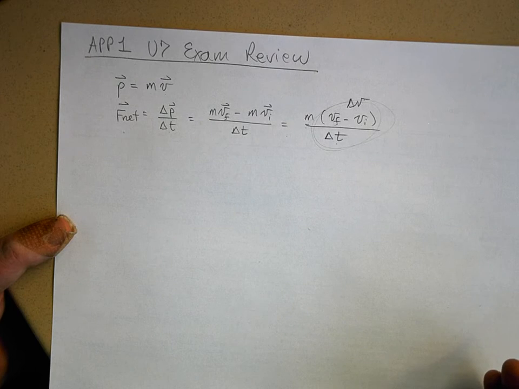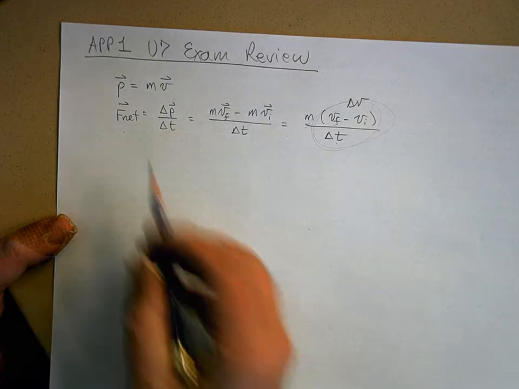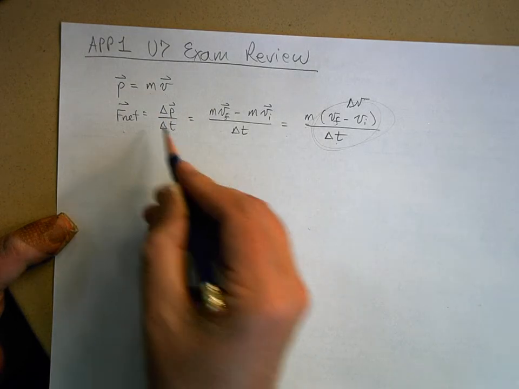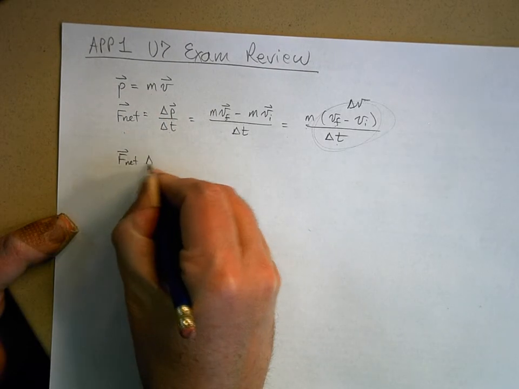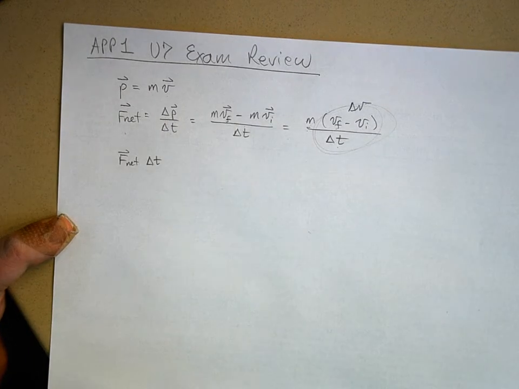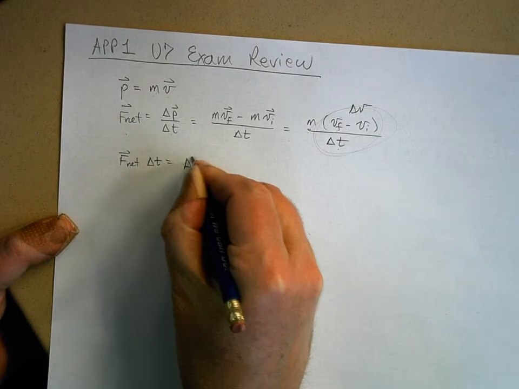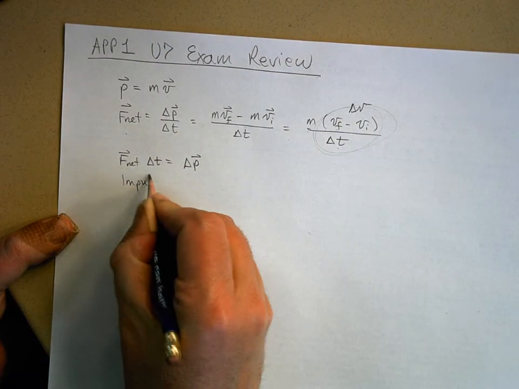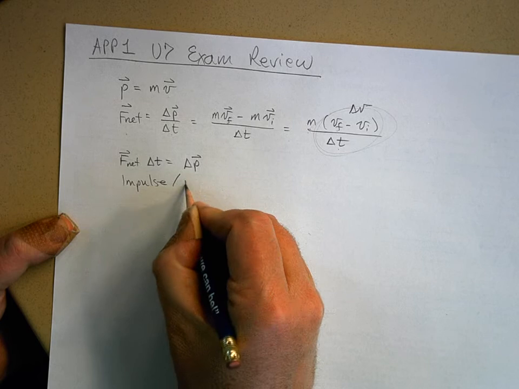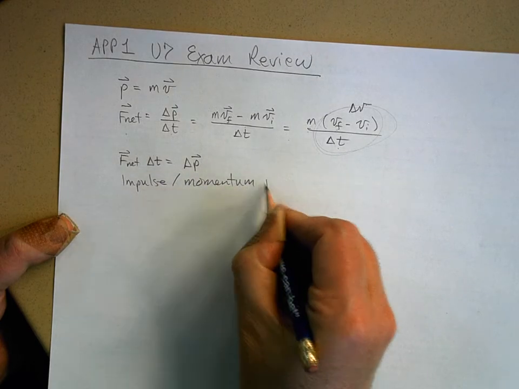Now, there are certain things that we learned about this. We took this equation right here and we rearranged it, and we said the net force acting on an object times the time that net force is applying is equal to the change in momentum of the object. And we called this the impulse momentum theorem.